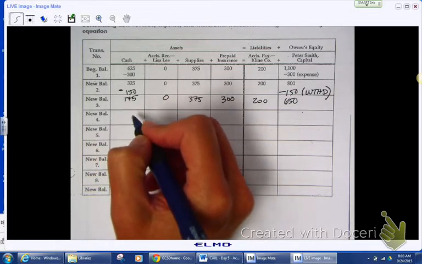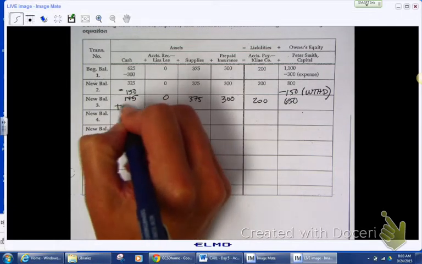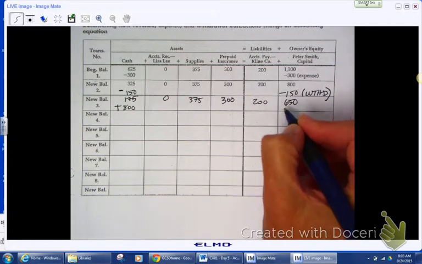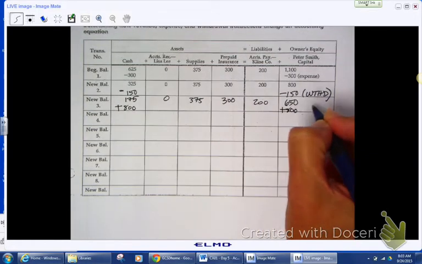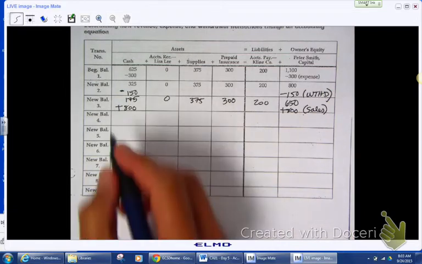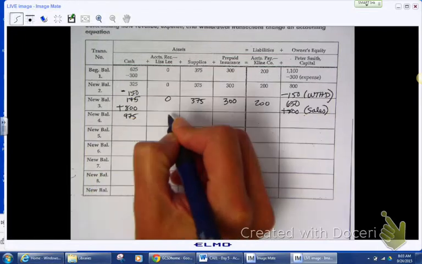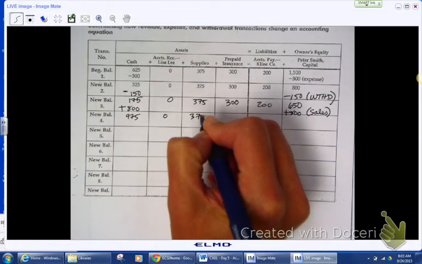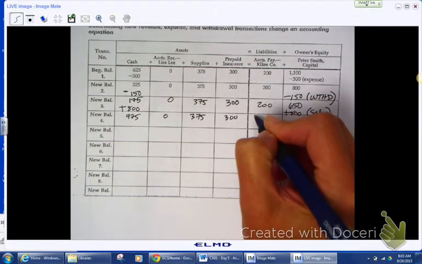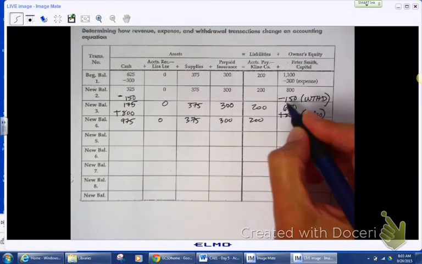Is it going up or down? Good. And then, obviously, sales is going to be a positive impact on our owner's equity. And then we bring our balances down.